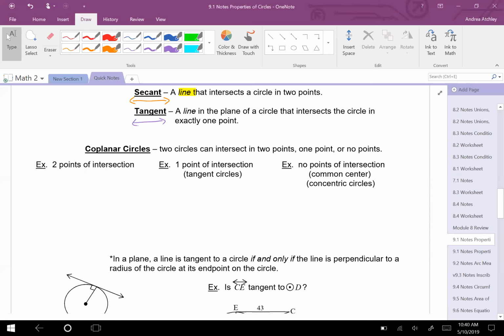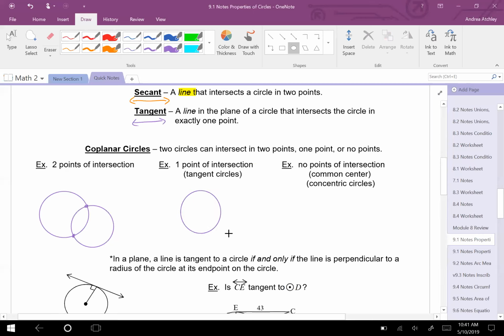So let's draw 2 circles that intersect in 2 spots. Here's one circle, and another circle. So they intersect in two spots, 2 points of intersection. Now we're going to draw two circles that intersect in just one spot. These are called tangent circles.